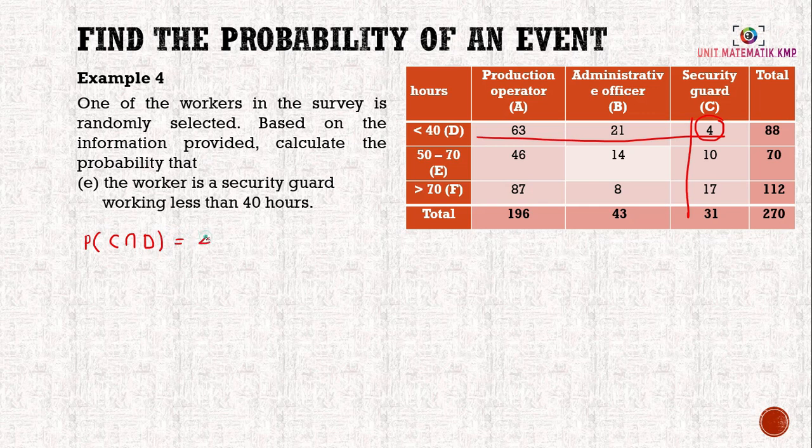So kita akan dapat 4/270. So simplify, we akan dapat 2/135. So this is the probability.